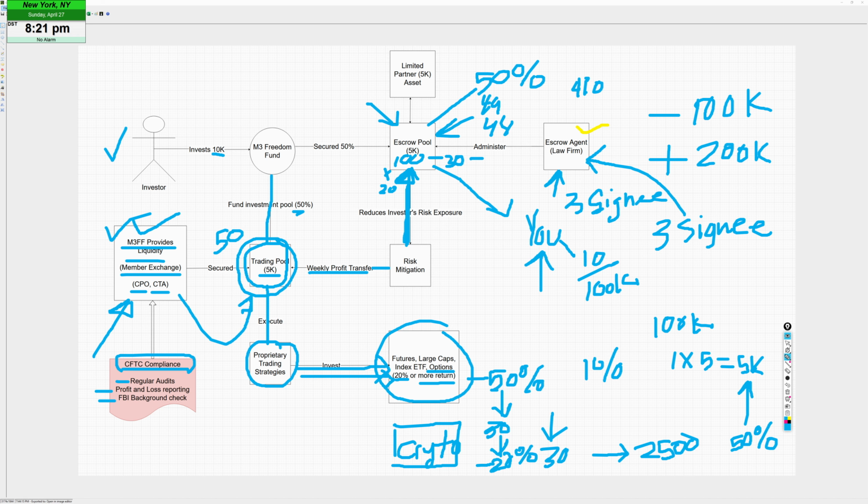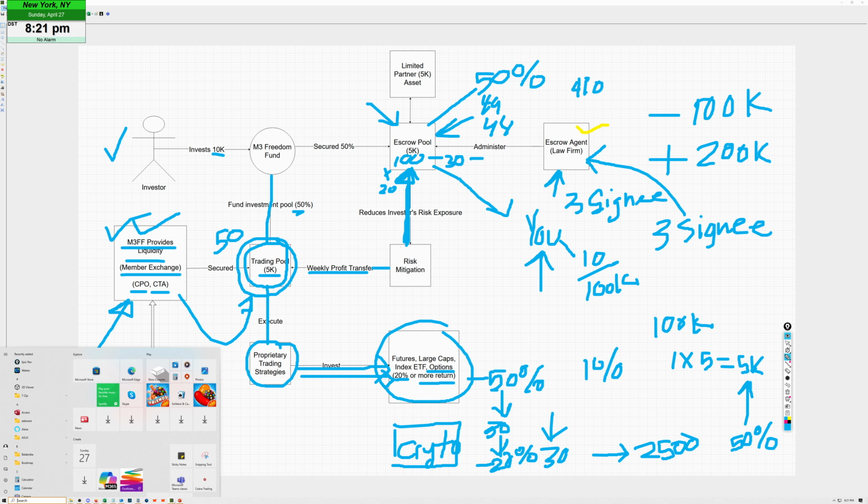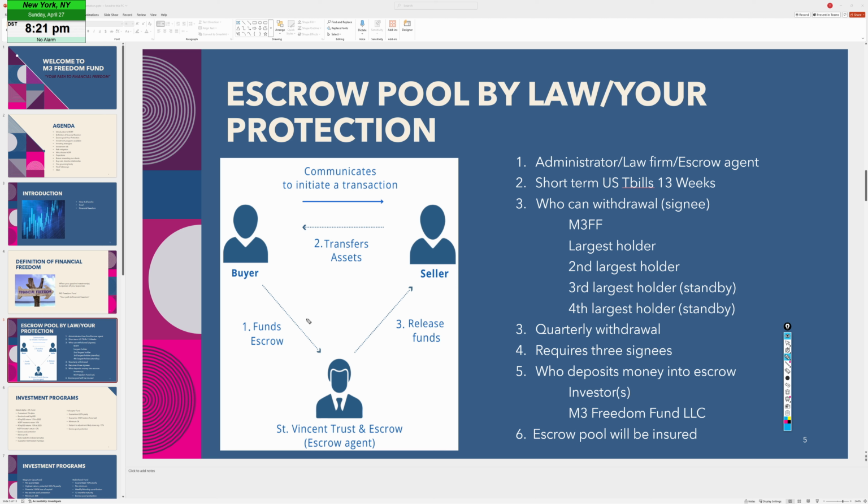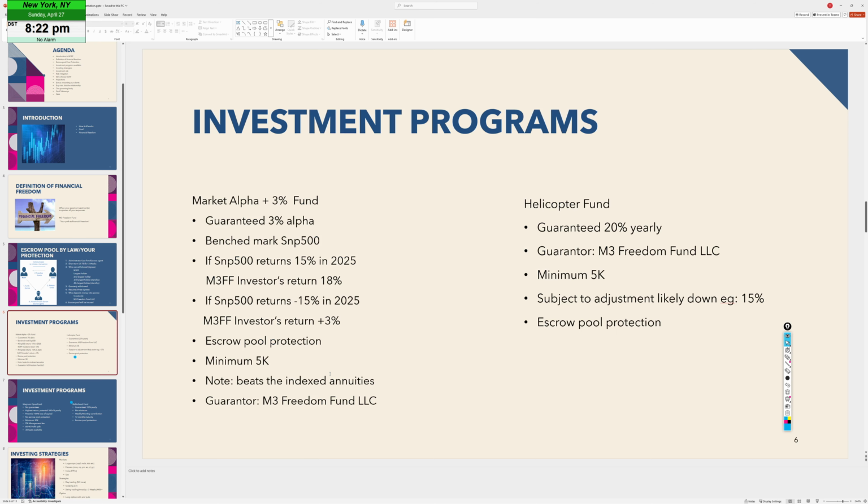So that is kind of the general, high-level review of our fund. And there will be four different types of investment that you can do with our fund.